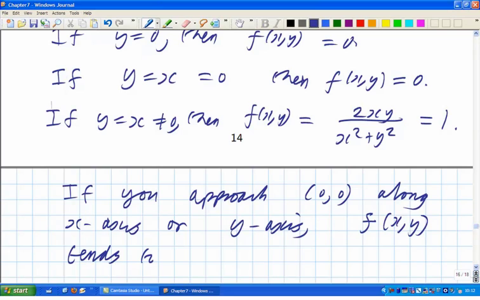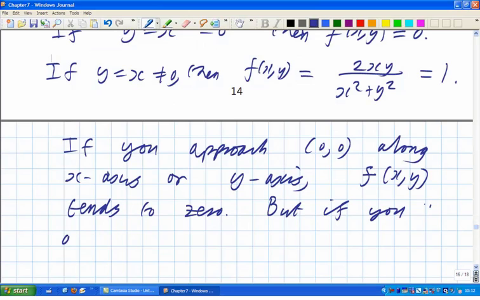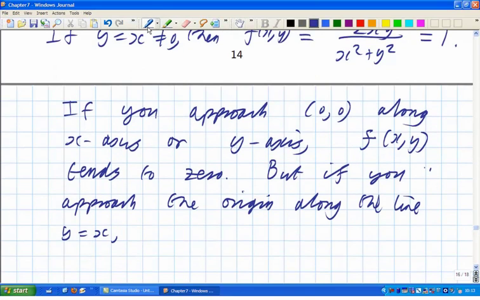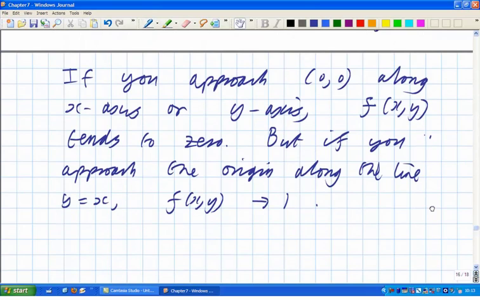But if you approach the origin along the line y equals x, the values of f of xy tend to 1. So f of xy tends to 1.